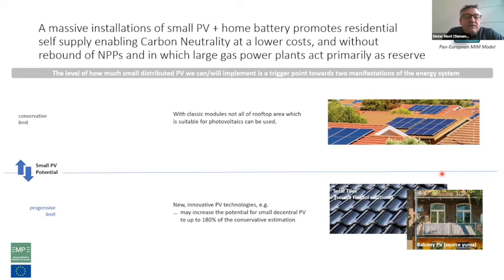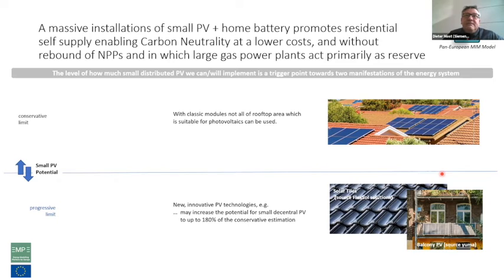What we found, one of the outcomes, was that a small PV potential is really a trigger. First, in the model we included large PV farms, and the optimizer is free to implement as many large PV farms as you want, because area for large PV plants is sufficient.